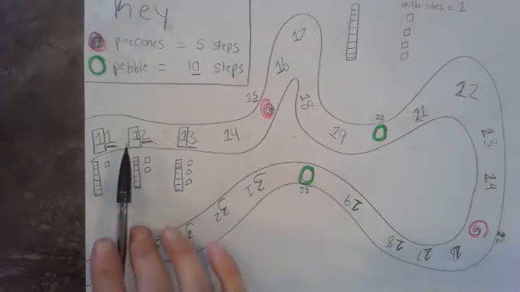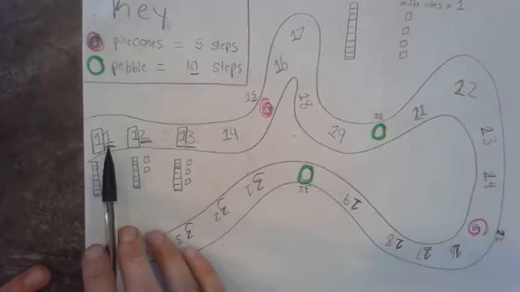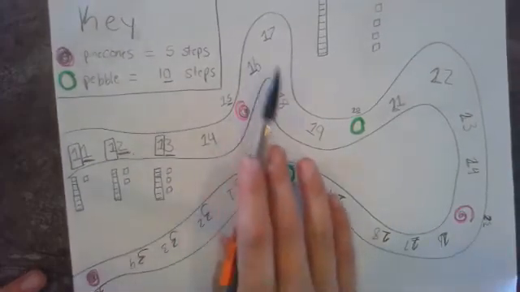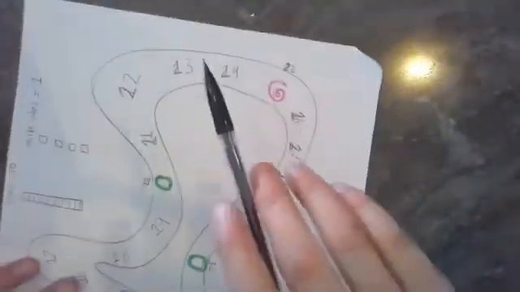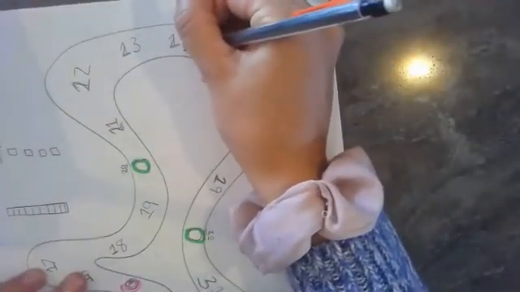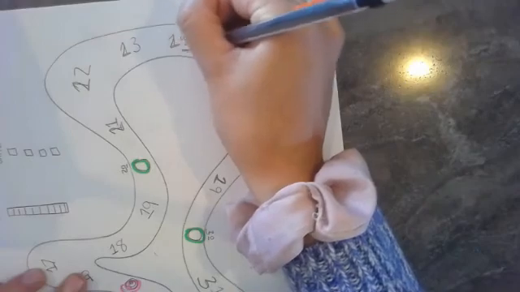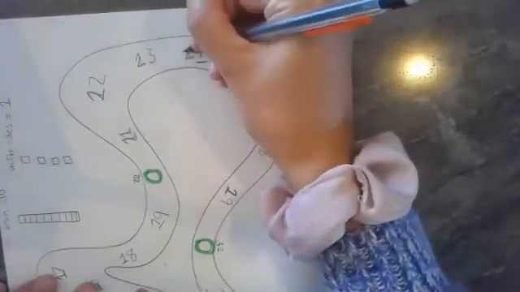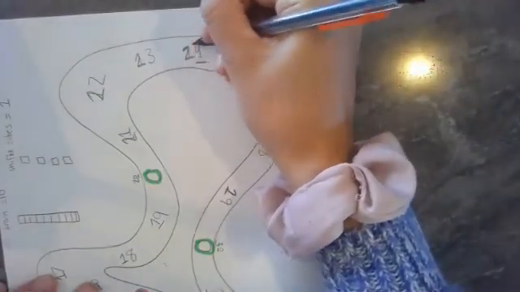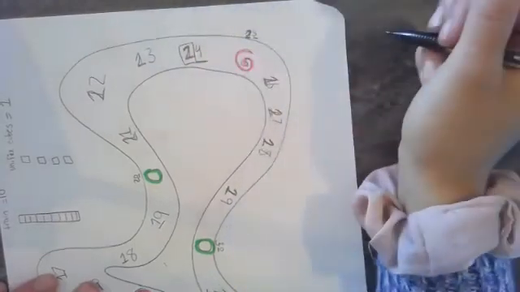Let's take a look at one of the numbers that has a 2 in the tens place. So let's go all the way up our trail. Let's go to 24. There's 4 in the ones place value, and there's going to be 2 in the tens place value. So how many trains are we going to have? 2.